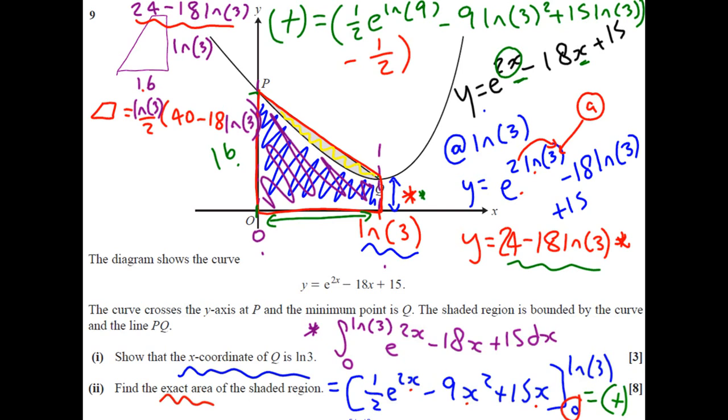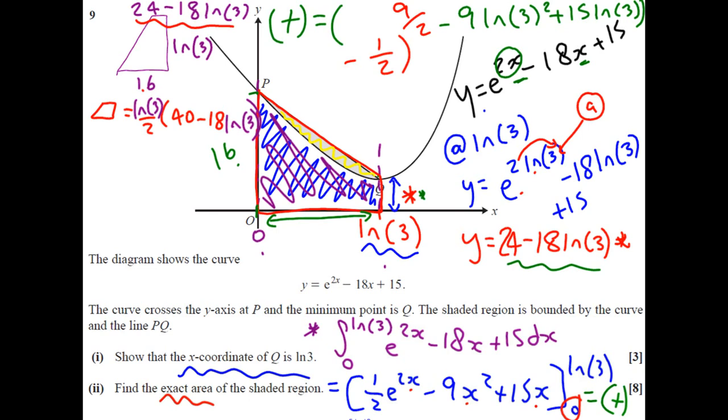And now, wow, what a messy page. Okay, now I'm going to try and simplify it on the spot. So e and ln are inverses, so you're going to get 9 over 2 here. This squared we are going to leave for now, 15 ln 3.